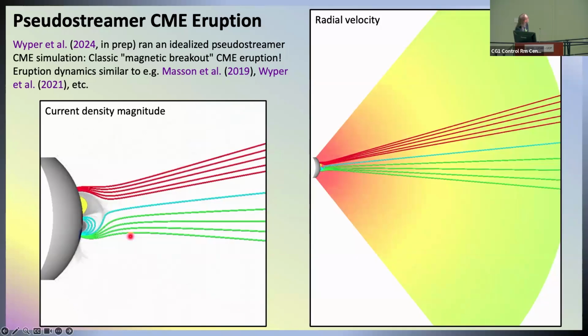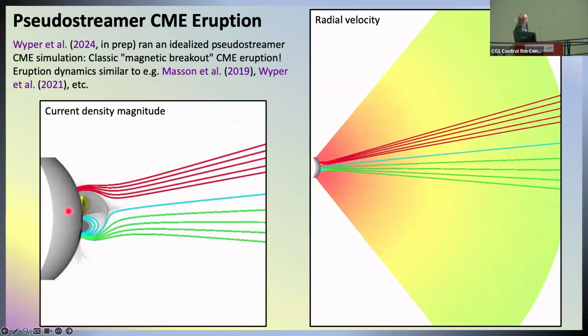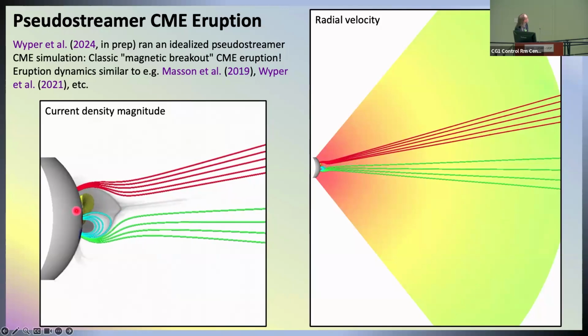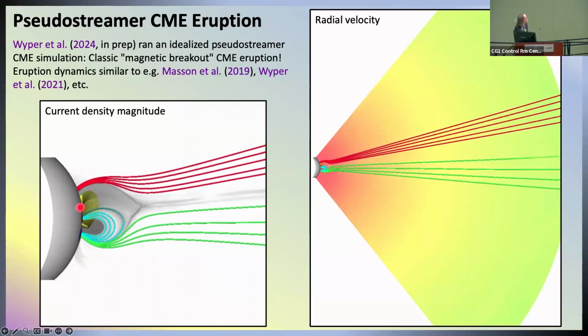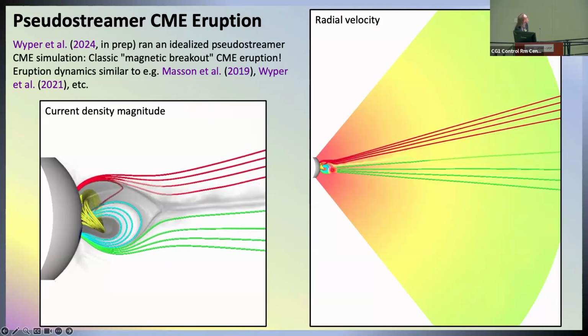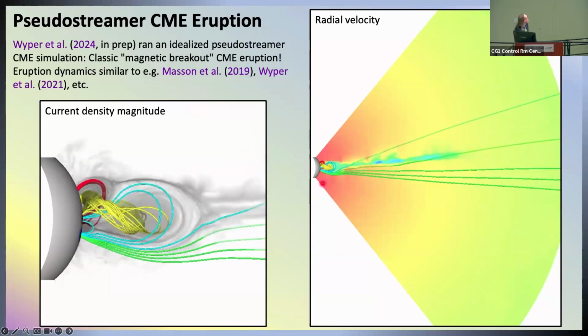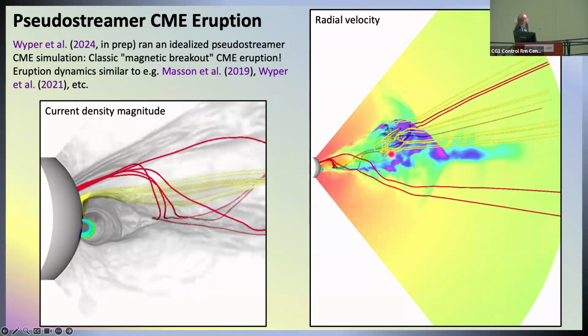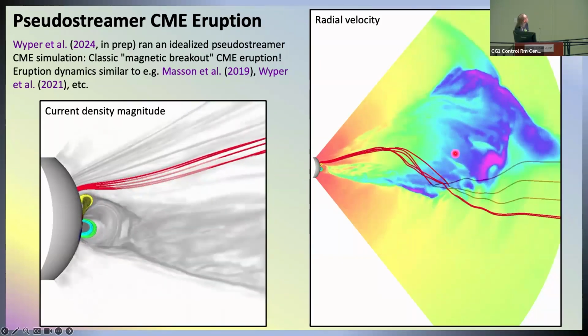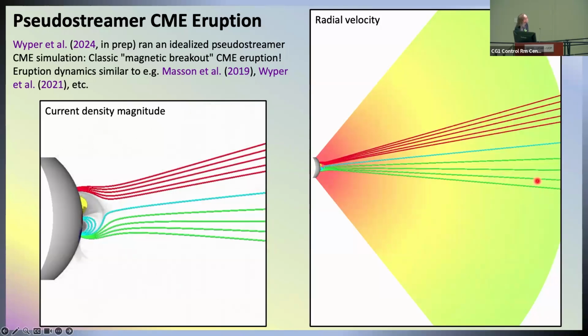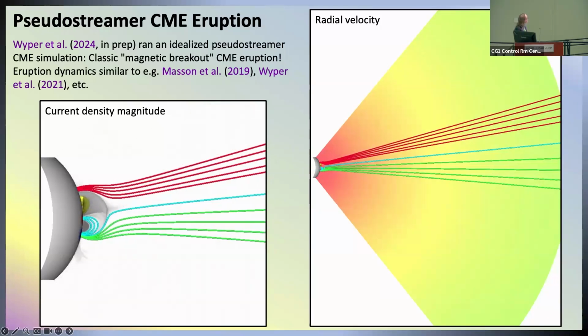And now, if you're paying attention, where do these yellow field lines go? They erupt, and they become this twisted thing. And now where are they? All right, so what's going on there?